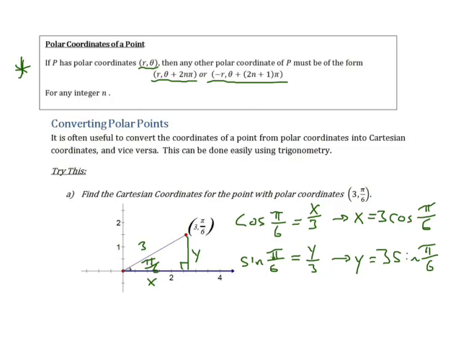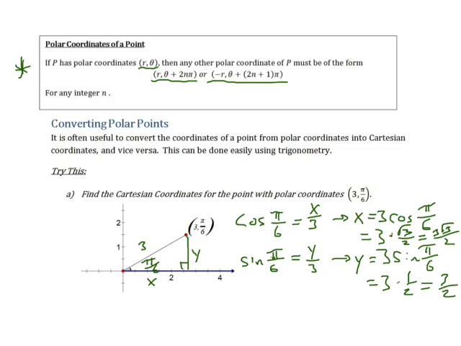All right, and we know what those are exactly. In this case, this is 3 times the cosine of pi over 6, which is root 3 over 2, and so we have 3 root 3 over 2. And the sine of pi over 6 is a half, so this is 3 halves.